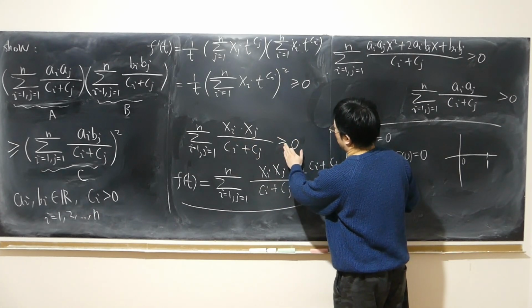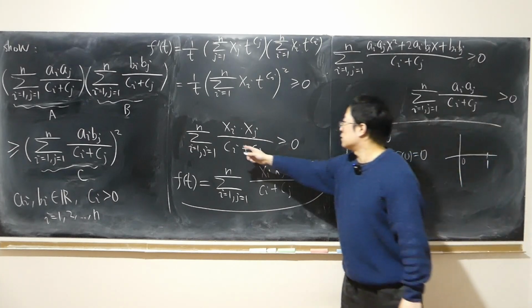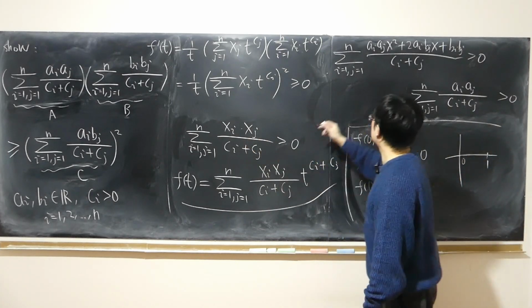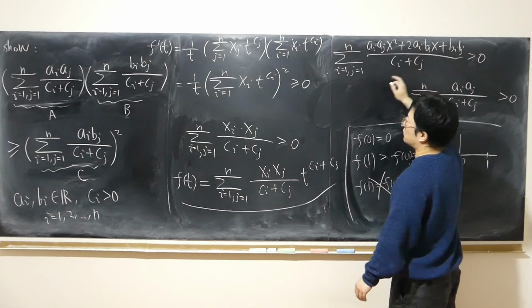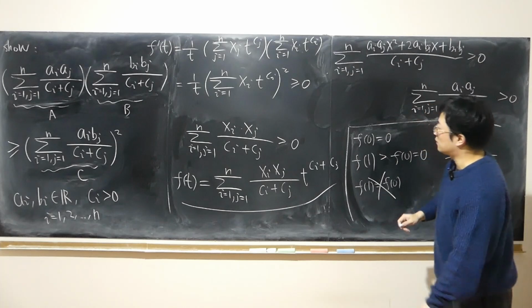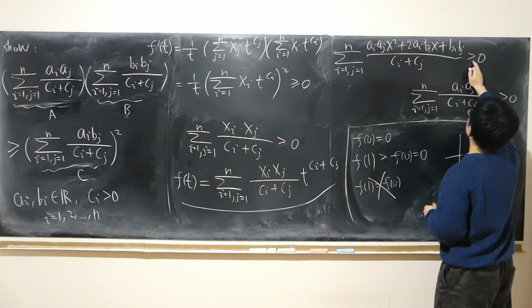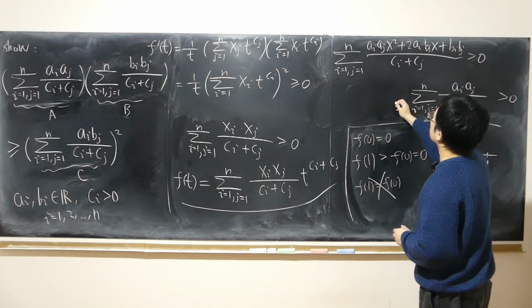Strictly positive. Like I said, this is essentially the same as this part, except I use some notation, xi, xj, some random real numbers. Essentially the same. Eventually I prove this is strictly positive.